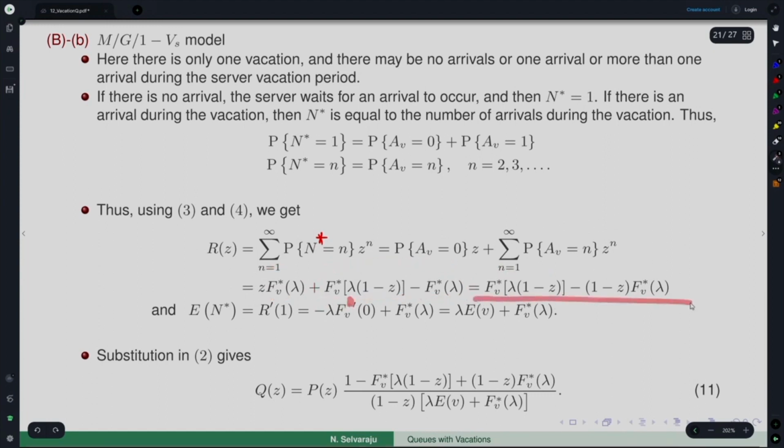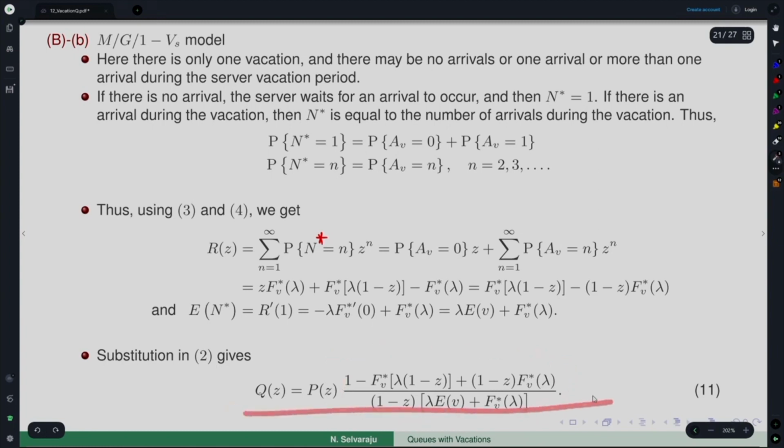Expectation of N star is basically the derivative of this evaluated at 1, so you have to differentiate this and put z equal to 1. You will get lambda times expectation of V plus this quantity for N star. Now, once you substitute in the theorem result, you will get this expression for this case.